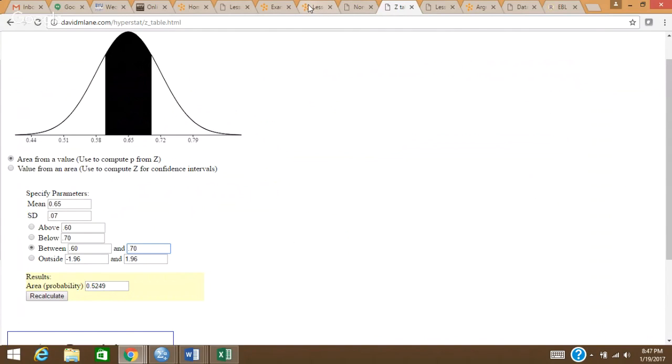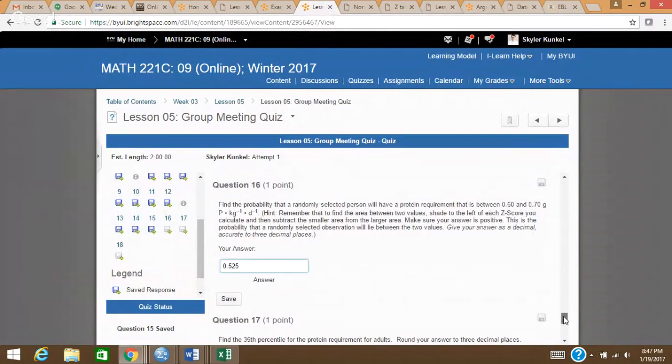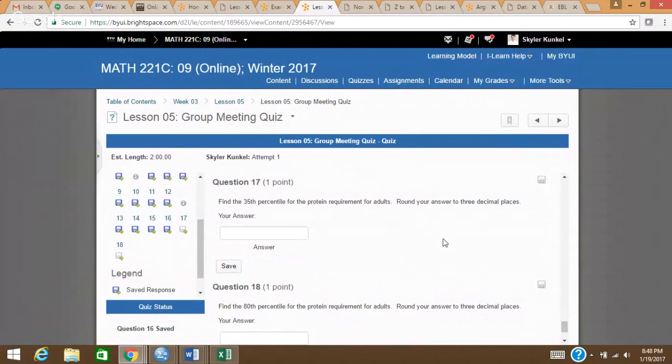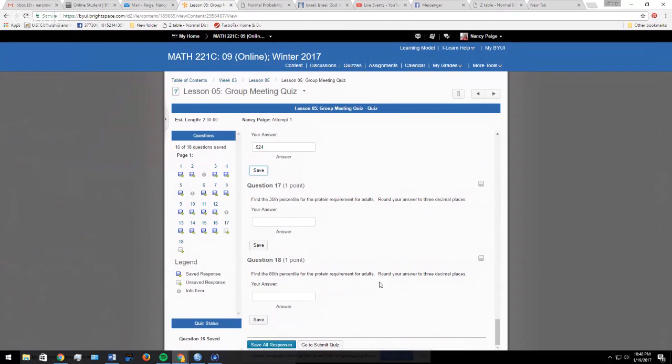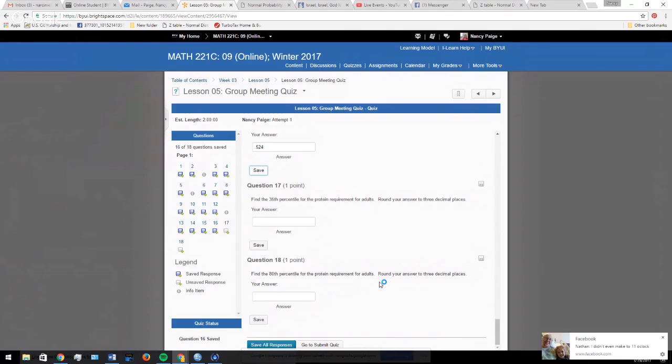Yep. See, because this one, like the 17, has rounded to the third decimal place. That's why I was.